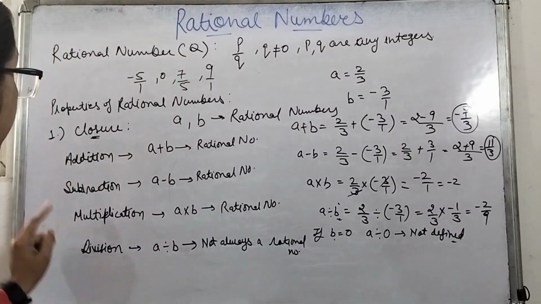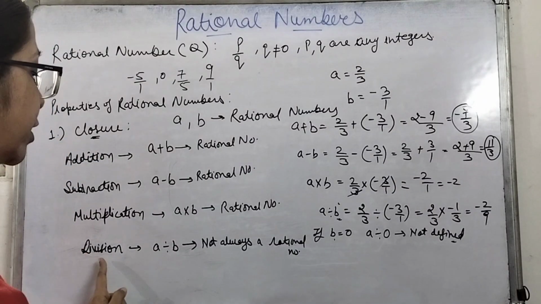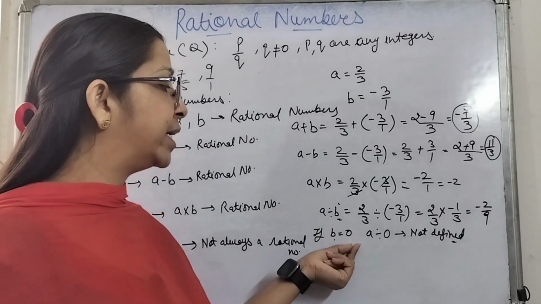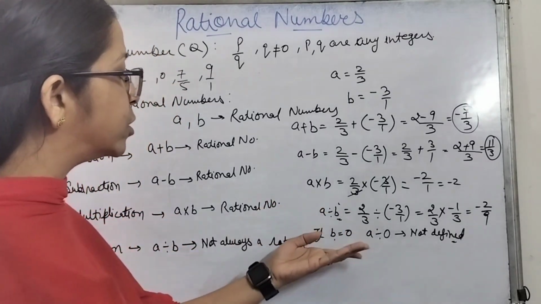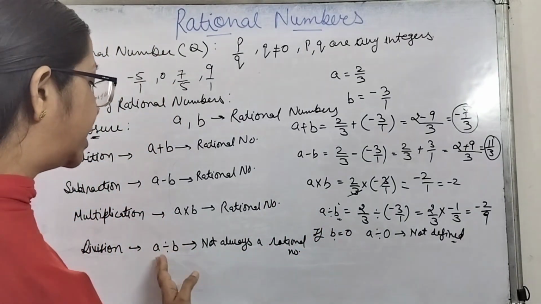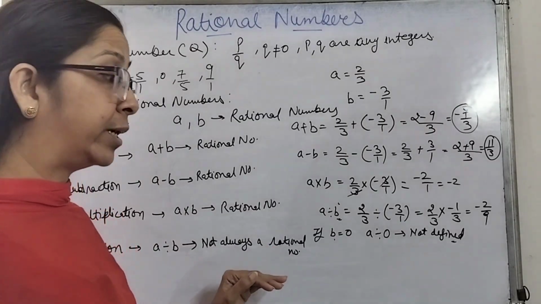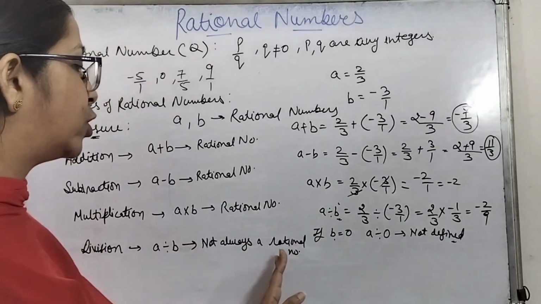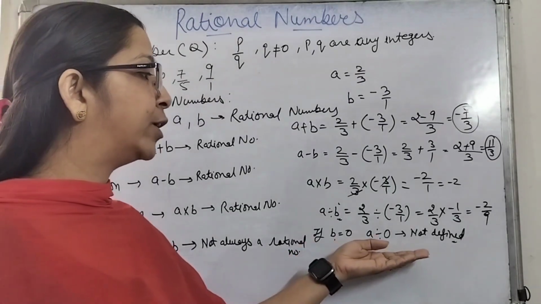What we will be saying is that if the value of B is any other number except 0, then for all those values A divided by B will be a rational number only. But if the value of B is 0, in that case it is not a rational number because this value will not be defined.